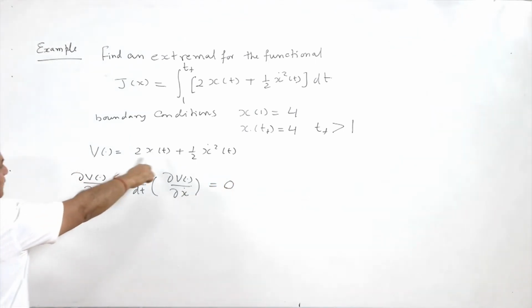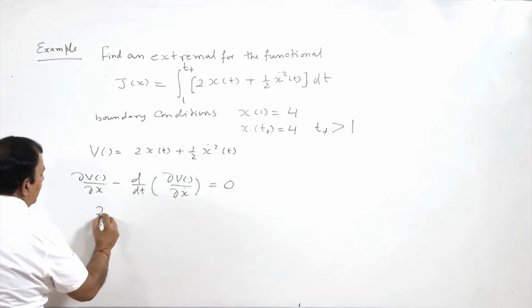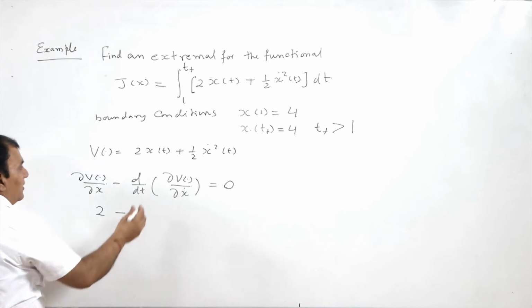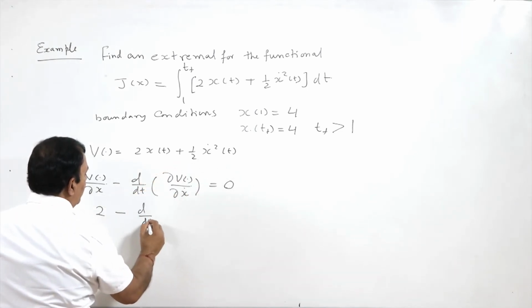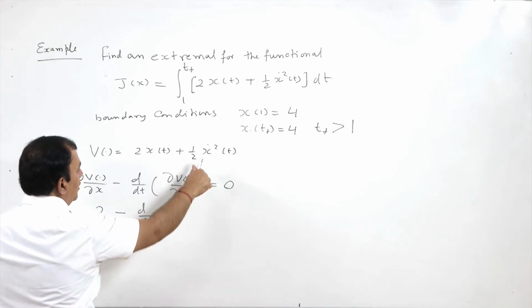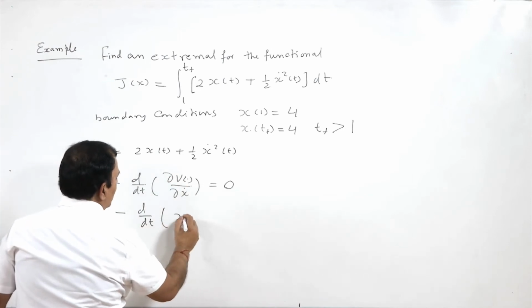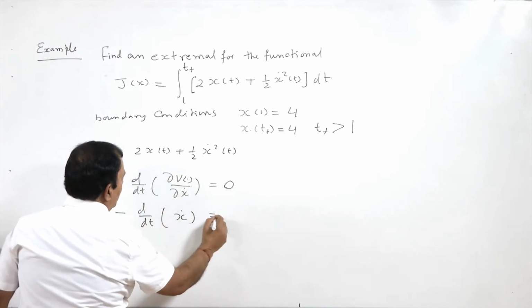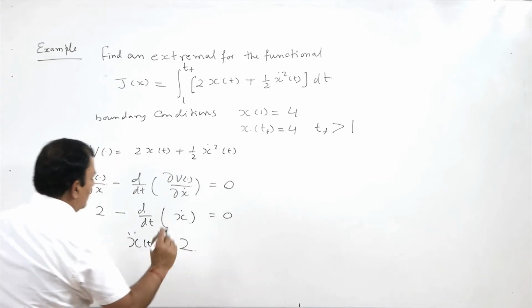So, with this value of V, ∂V/∂x is simply 2, minus d/dt of ∂V/∂ẋ. So, this is nothing but giving you ẋ equal to 0. So, my equation is ẍ(t) equal to 2.